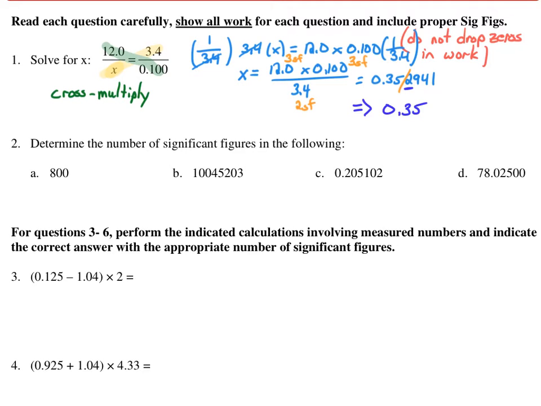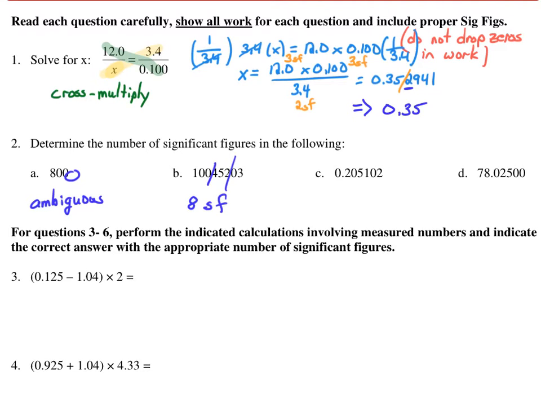Quick review of Sig Figs. The number 800, as it is expressed here without a decimal point, is ambiguous. Trailing zeros in a number without a decimal point are ambiguous. In the next number, we see that we have 8 Sig Figs.